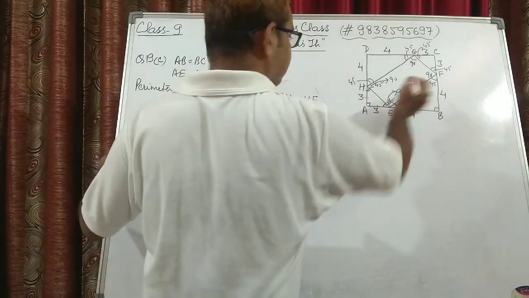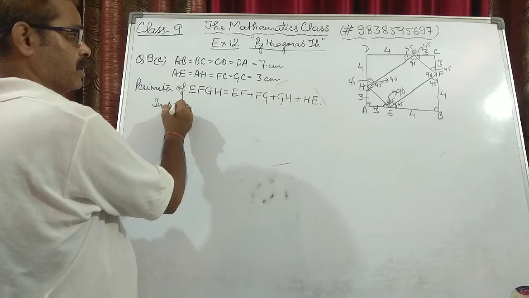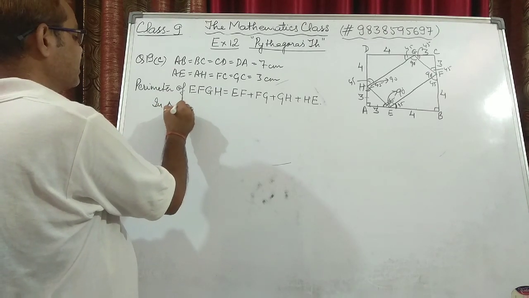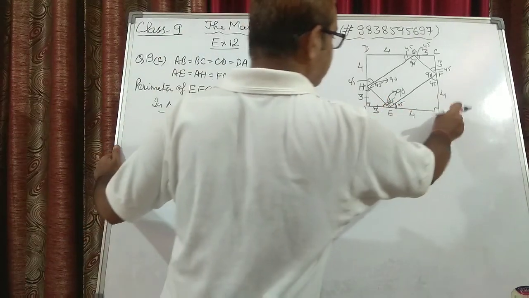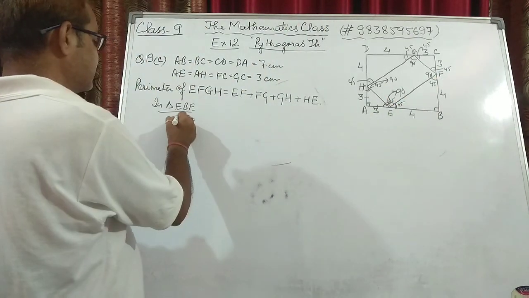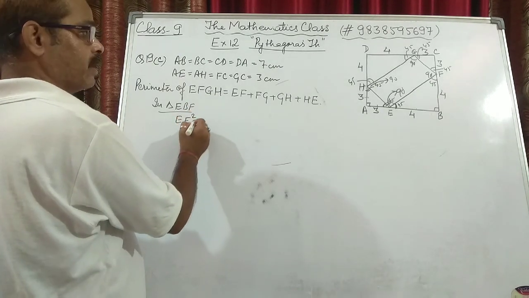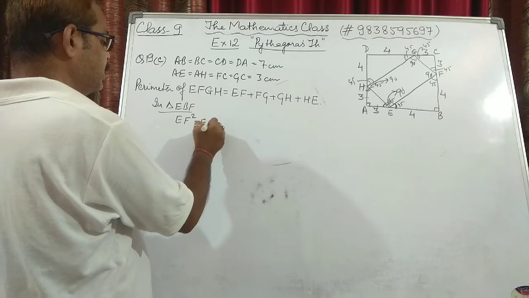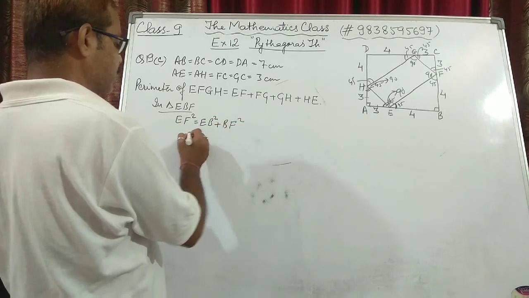Let's talk about EF. So in triangle EBF, we can say EF square is equal to EB square plus BF square.